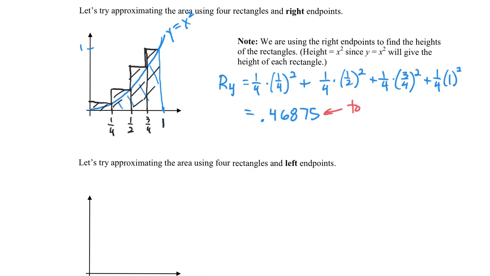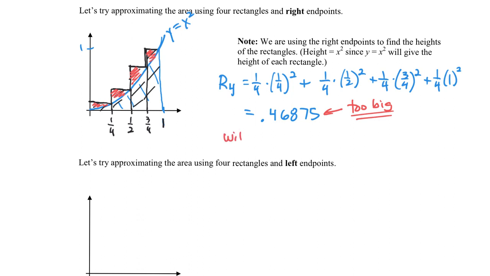This is too big. We know it's too big because we've got all these extra areas up here, right? All this red here, that's extra area that we don't need. So all of this red area is an overestimate. So one thing we can notice is this.